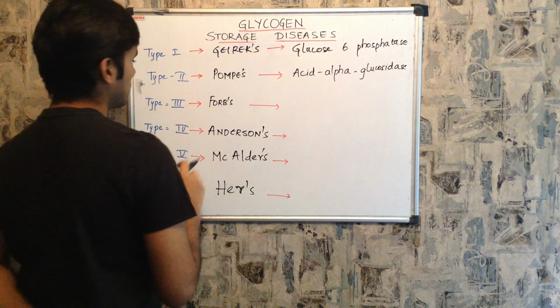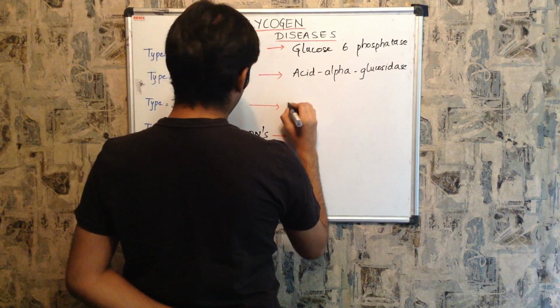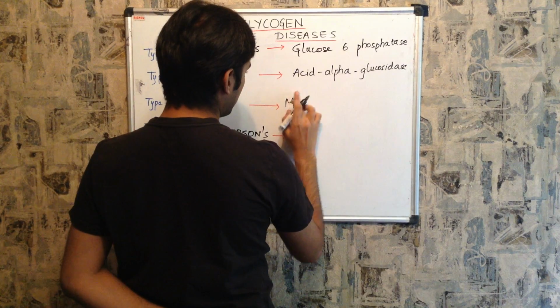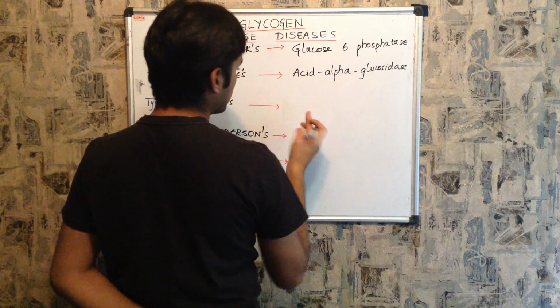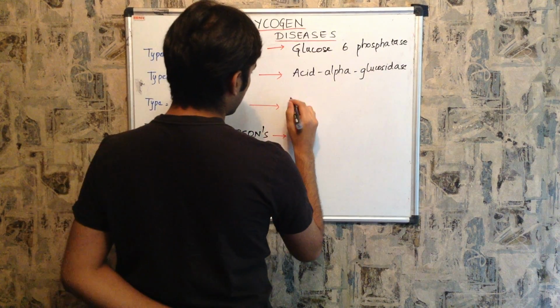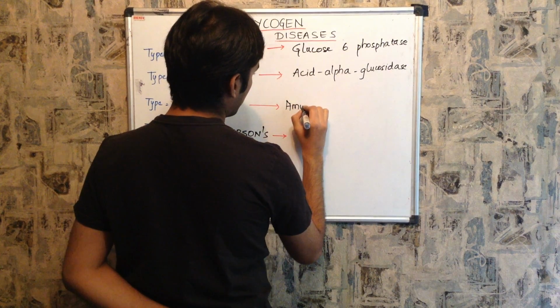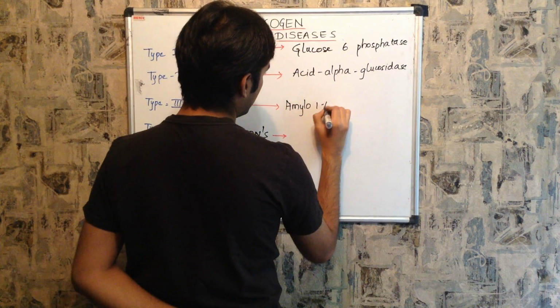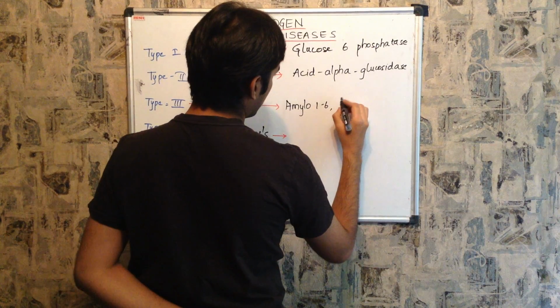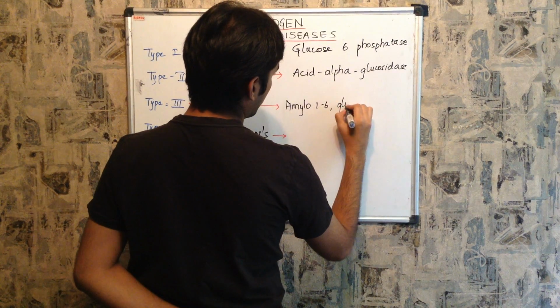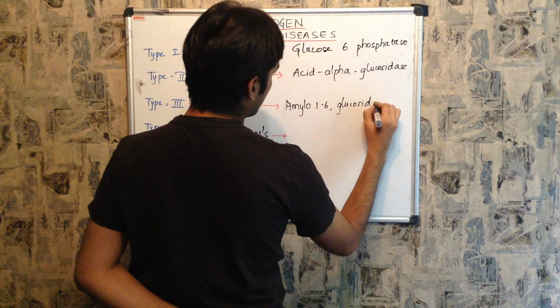And Forbes disease is amylo 1,6 glucosidase.